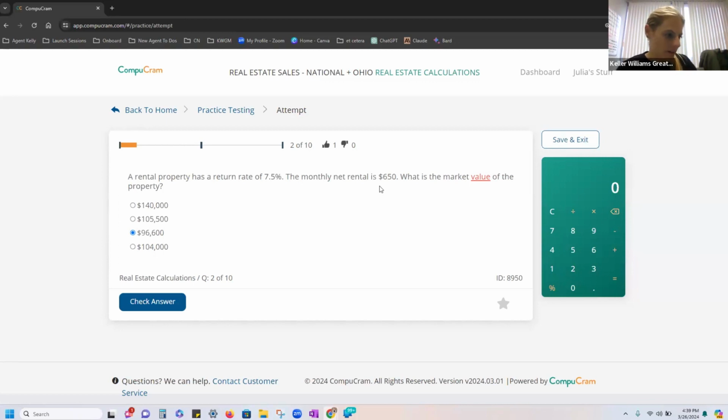What is the market value of the property? We'll take one more minute until we go ahead and elaborate. Feel free to put any of your guesses in the chat.